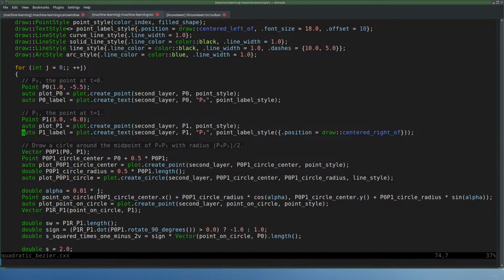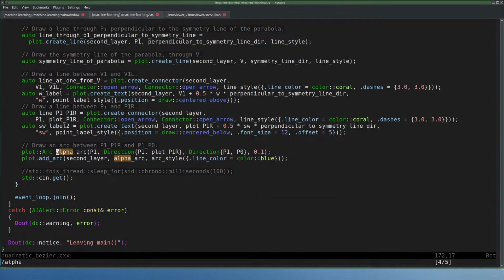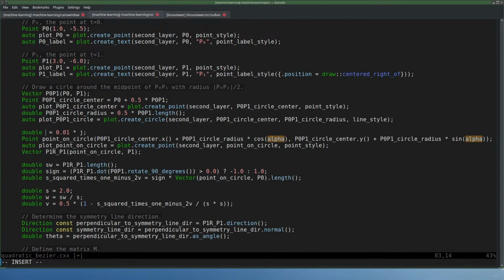Or is that too difficult? I'm having an alpha here, but it's not really alpha, so I should rename alpha to something else. This is alpha. This is not. So let's just do it manually. Call it beta or whatever. Wait, I also already have a beta. Call it V.